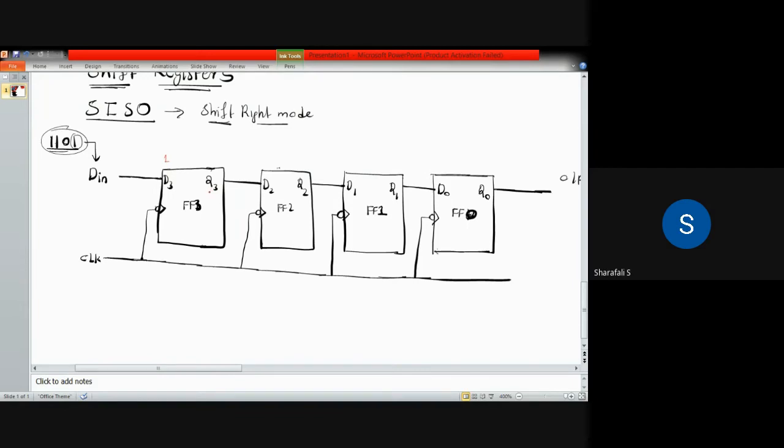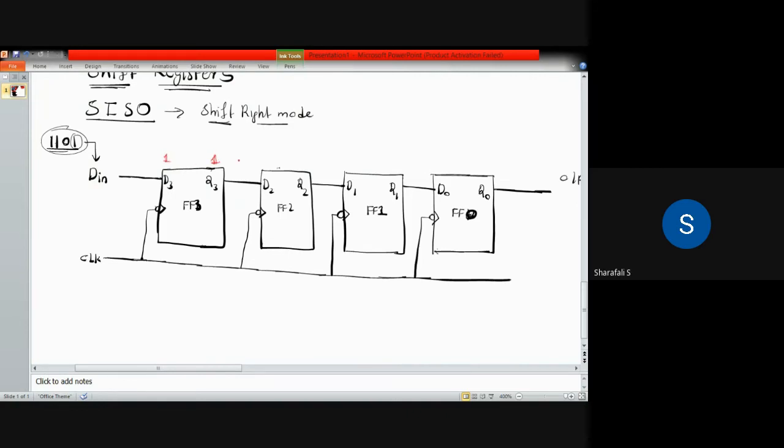In that case, your Q3 will also become 1, because as we discussed for the D flip-flop, it just follows the input D. You can go back and check for the D flip-flop: whatever input you give, that comes as your output. So when your input is equal to 1 here, then your Q3 also will become 1.